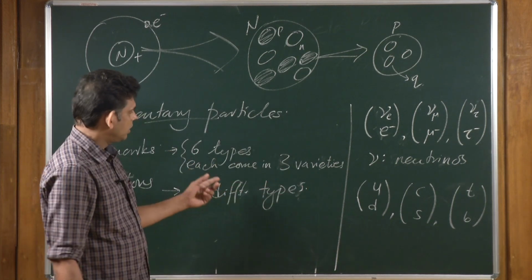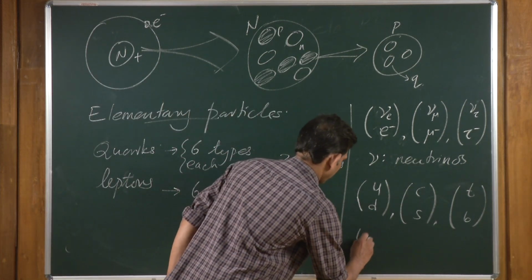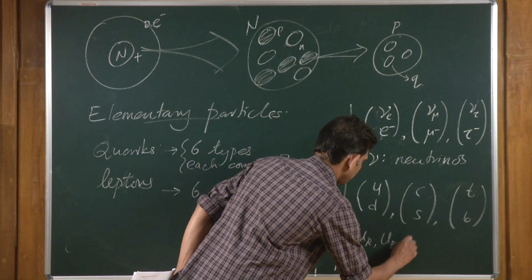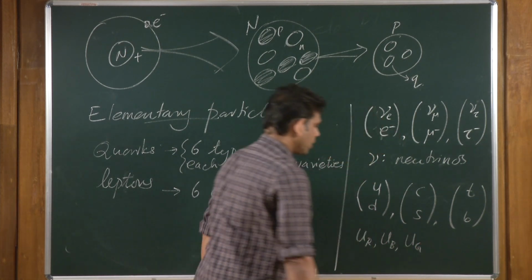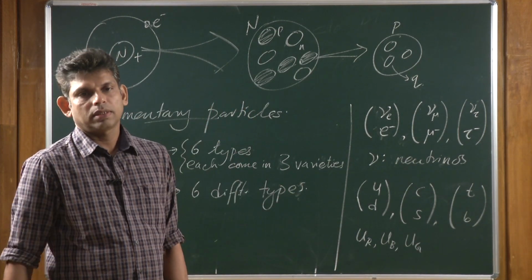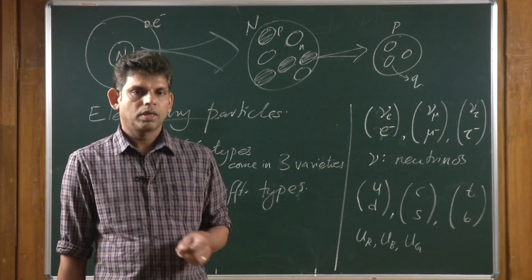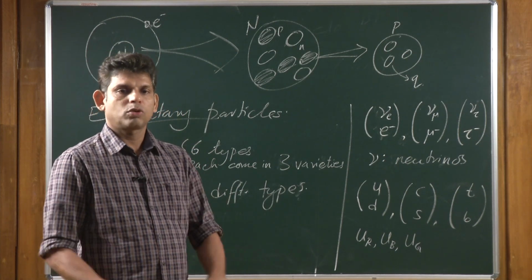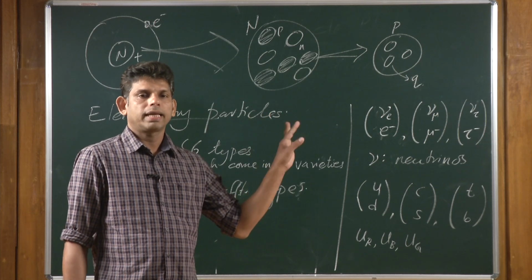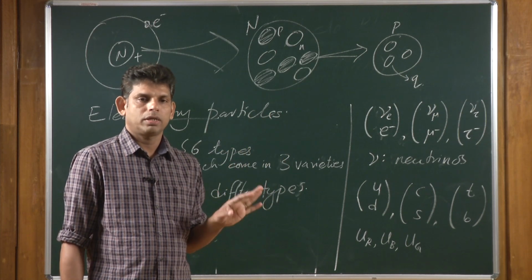Each of these actually comes in 3 different varieties. U itself comes in U_R, U_B, U_G, 3 different labels. It is conventionally called color charge, and again there are reasons to call it color. It has nothing to do with the photons or the light or the color that we see in our day to day life.